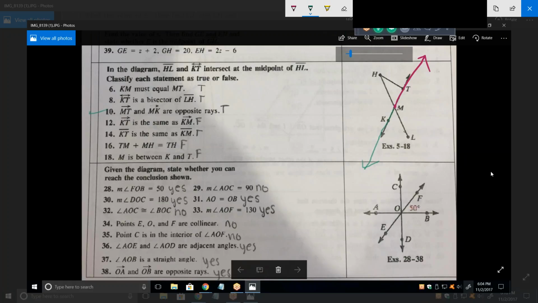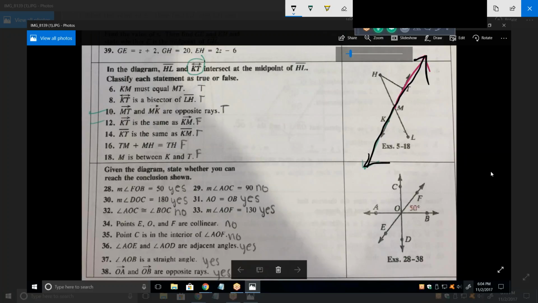The question is 12, and I'm going to be perfectly honest with you. I'm not positive. Now see up here, this designation where they put a double arrow above it, that means that entire line. I know that much. In other words, the double arrow means it goes on forever, in both directions.